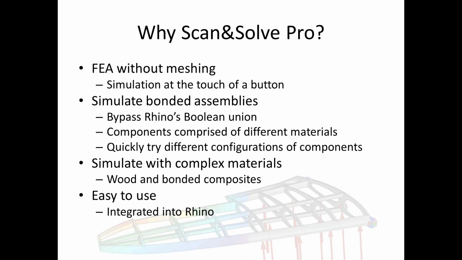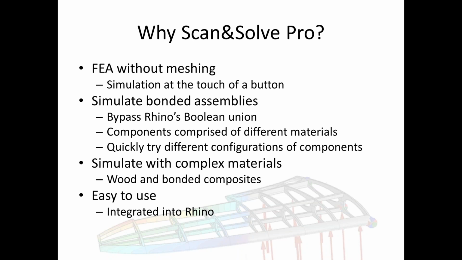Previously, in order to do an assembly type simulation with Scan&Solve, we would have to union all of the components of the assembly together into a single solid, which can be problematic in Rhino because the union can cause problems sometimes. With Scan&Solve Pro, our components can also be comprised of different materials. So we can mix steels with aluminums with plastics, all in the same simulation. And like I mentioned before, we can quickly try different configurations of components.